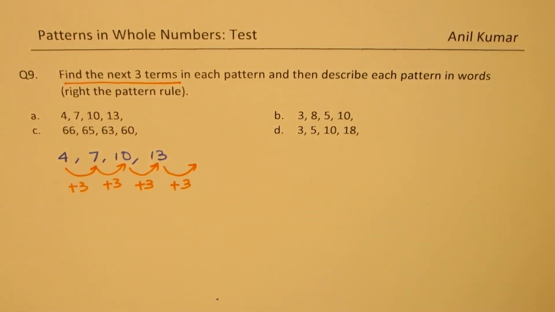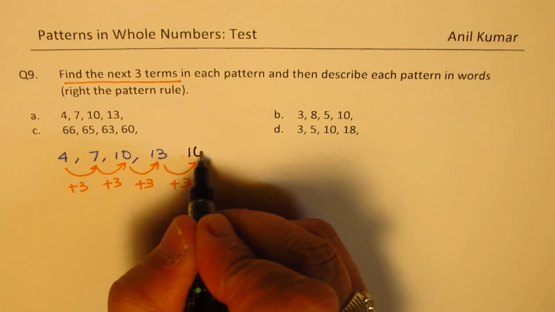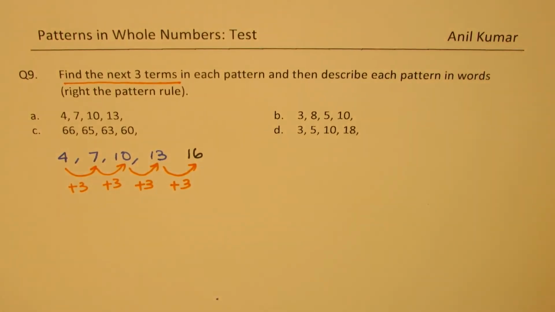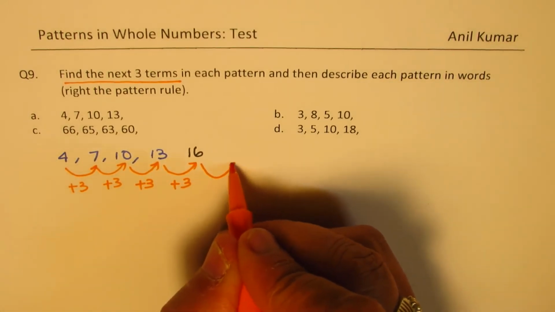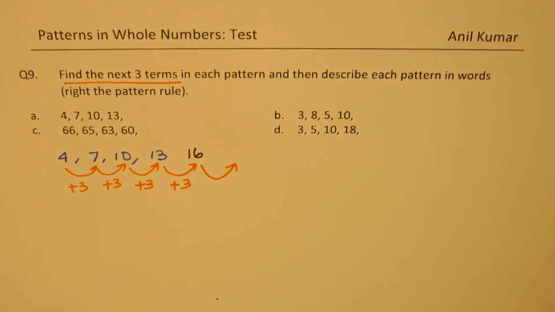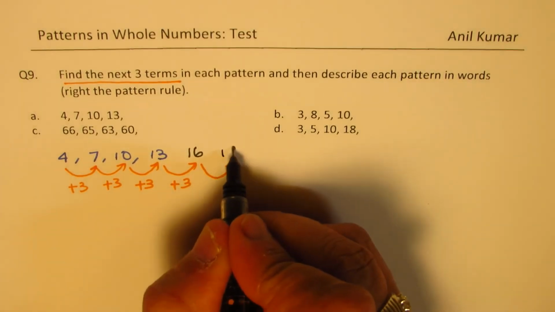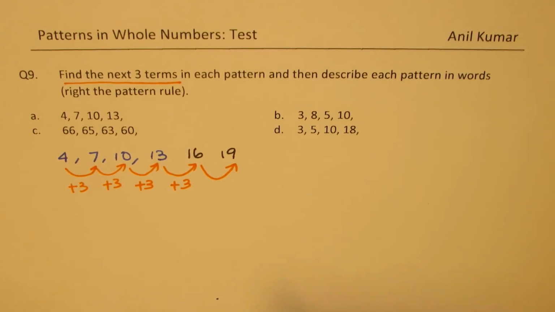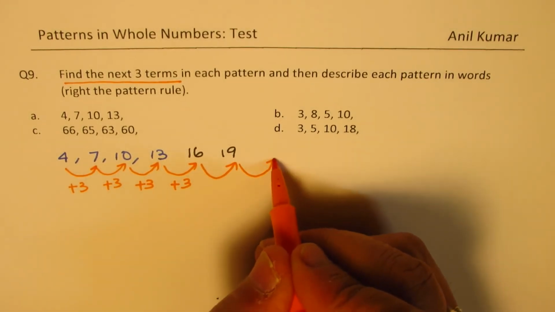So if I add 3 to 13, then what will I get? Well, 13 plus 3 is 16. And then again, if I add 3, then I get 16 plus 3, which is 19. And this process should be repeated, right? So we again add 3.